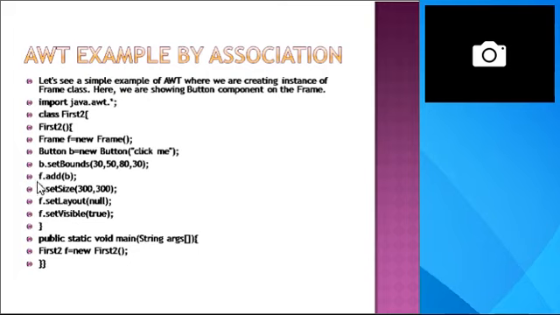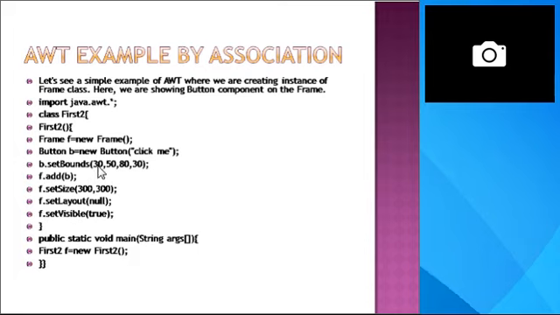Second is Button b equals the same thing, and here we draw a button on your frame, and this button's label name is Click me. Same functionality, same method setBounds. This method sets the bounds of the frame button: 30, 50, 80, 30.